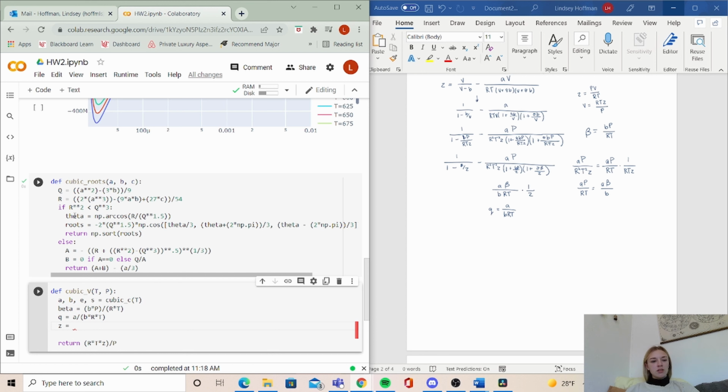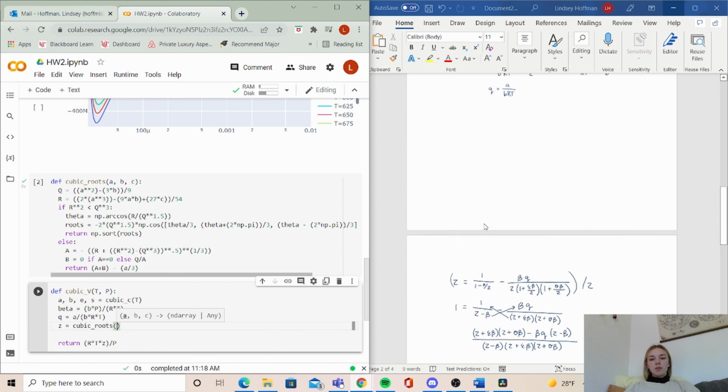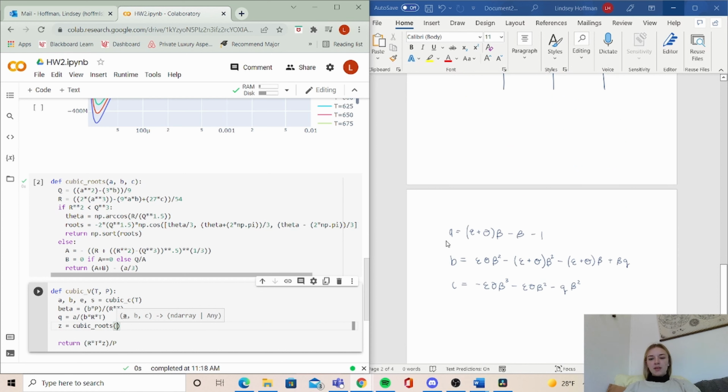So what we can actually do, we found our cubic roots up here, so we are just going to be using that again. So cubic roots. And instead of our A, B, and C that we have up here, we have our expressions for A, B, and C. So we can go ahead and put those in as our A, B, and C values.